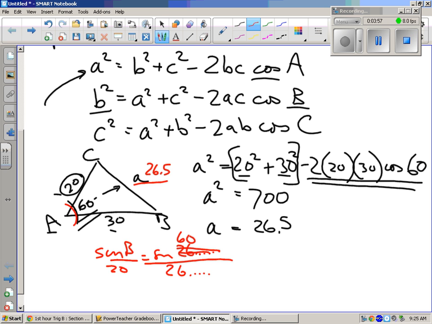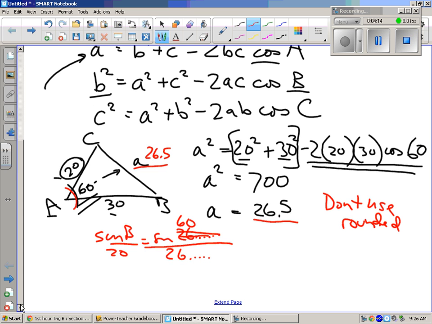But make sure you use the entire decimal. Don't use the rounded one. Don't use rounded answers because you'll just get more rounded and more rounded and your final answer might be off by a little bit.